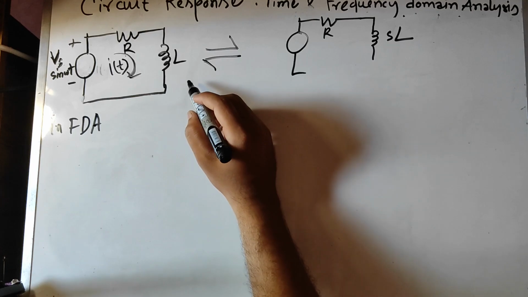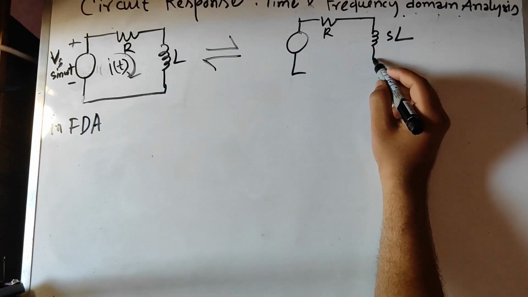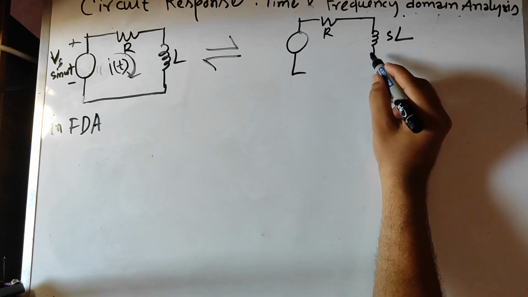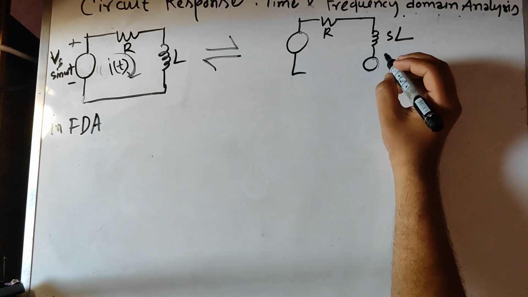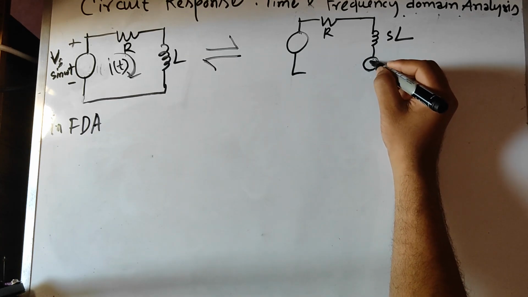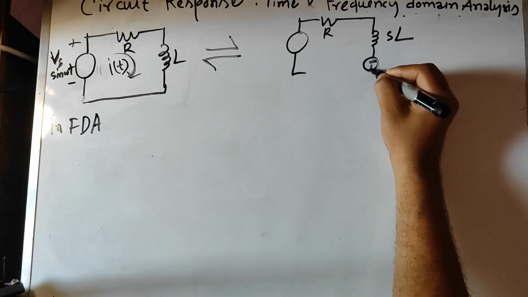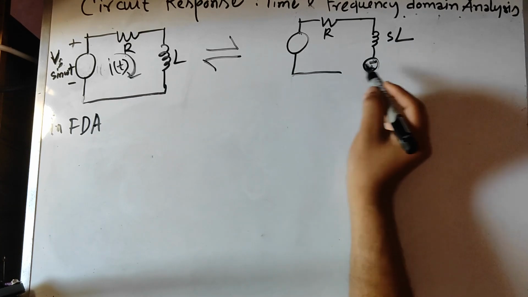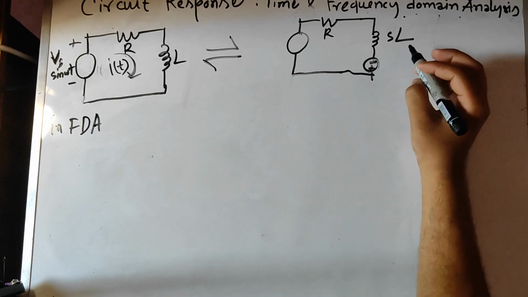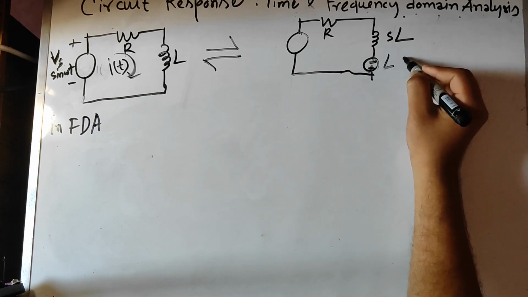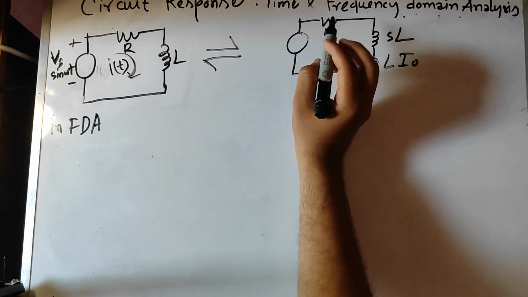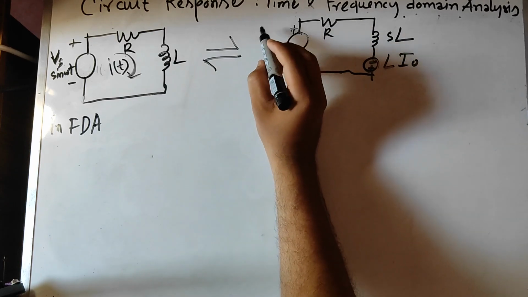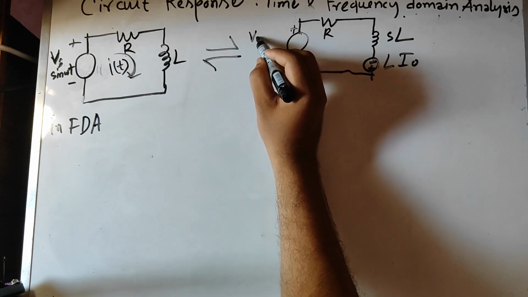And we have assumed initial current, so let us use the voltage analogy for this transformation. If we use the voltage analogy, this will give minus plus L Io.